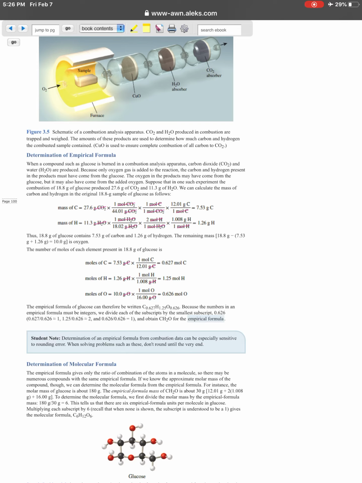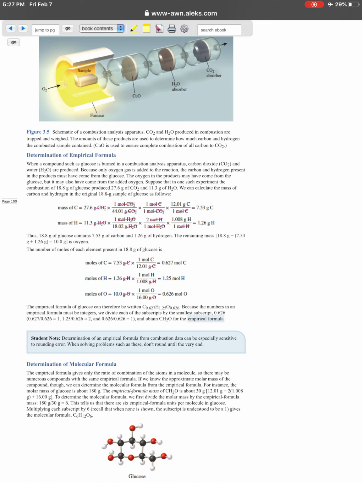After this 18.8 grams of glucose is combusted, we produce 27.6 grams of carbon dioxide and 11.3 grams of water. We can calculate the mass of carbon and hydrogen from the original 18.8 gram sample of glucose as follows.